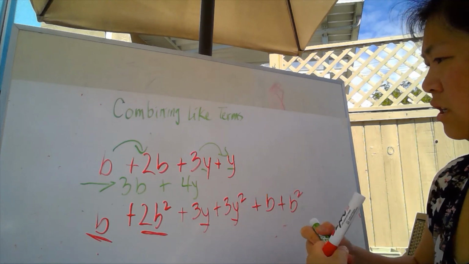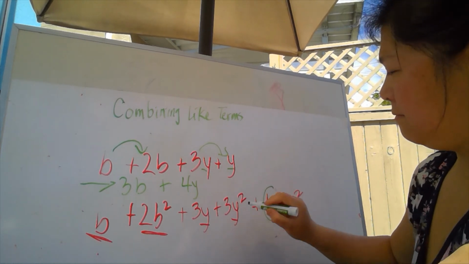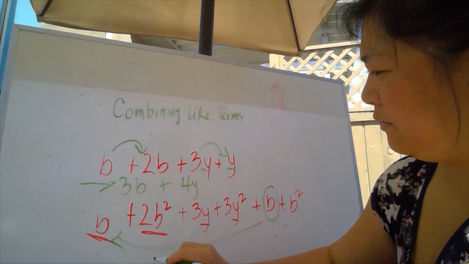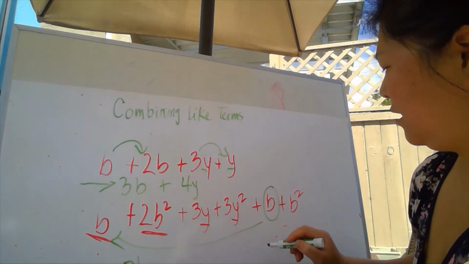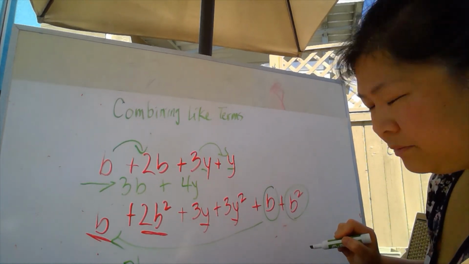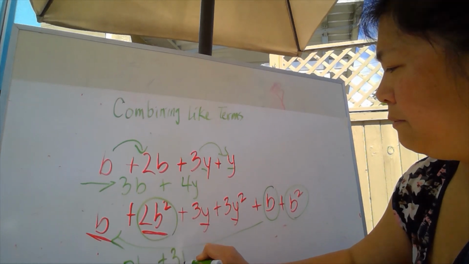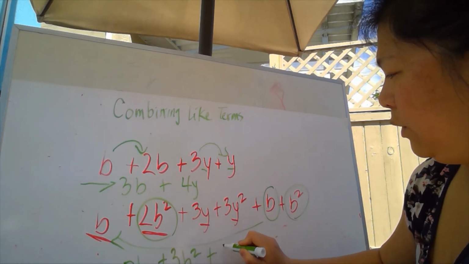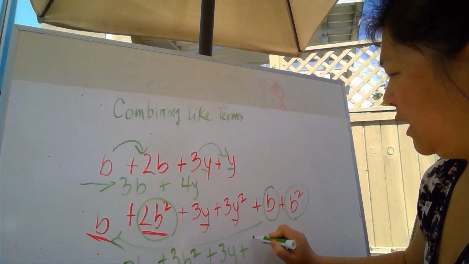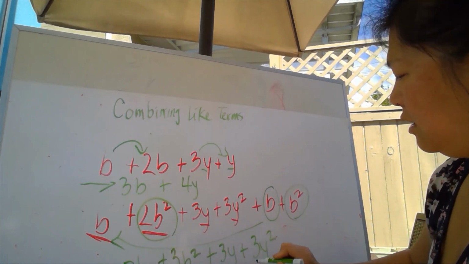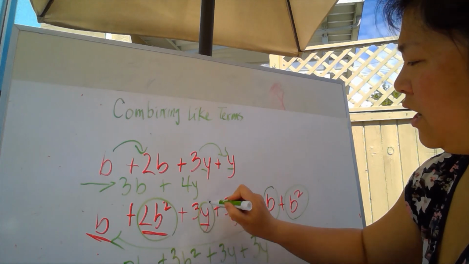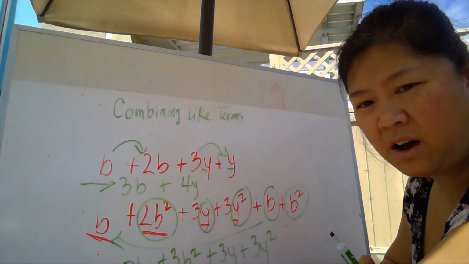Therefore, you could add this together to this to simplify to 2b. You can simplify b squared here to become 3b squared, but then you leave the other two because they are not the same. This variable and this variable are not the same.